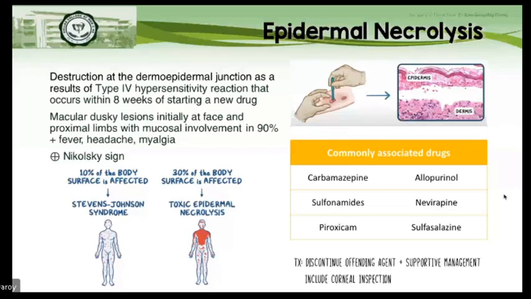Modern burn and ICU care has greatly decreased mortality from this disease. You should always also remember to include corneal inspection by a Wood's lamp to evaluate for corneal sloughing. The cutaneous manifestations of epidermal necrolysis usually progress for about 7 to 10 days, while reepithelialization usually occurs over 3 weeks.